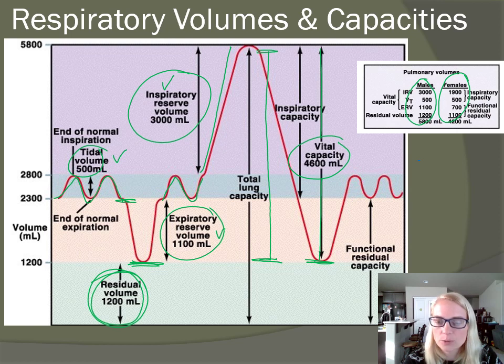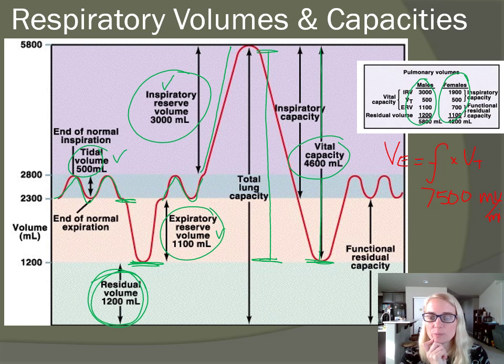Your respiratory minute volume is your breaths per minute, that's your F, times your tidal volume, right? So 500 mils. If we were to average, say, 15 breaths per minute times 500 mils per breath, that gives us about 7,500 mils per minute.